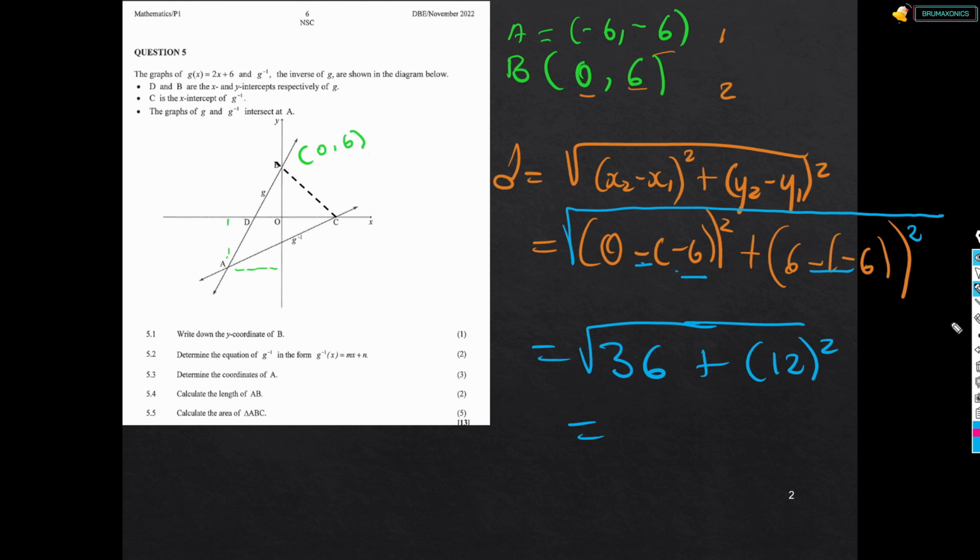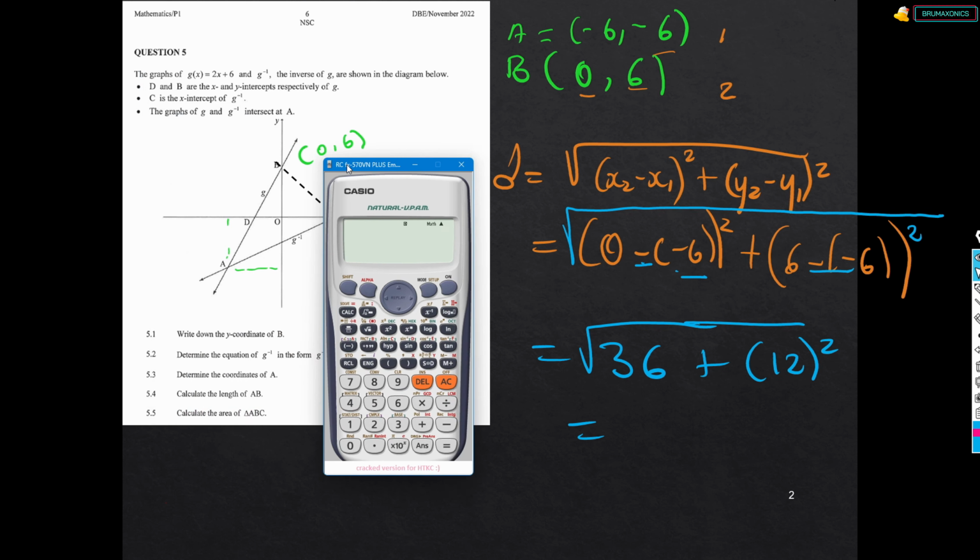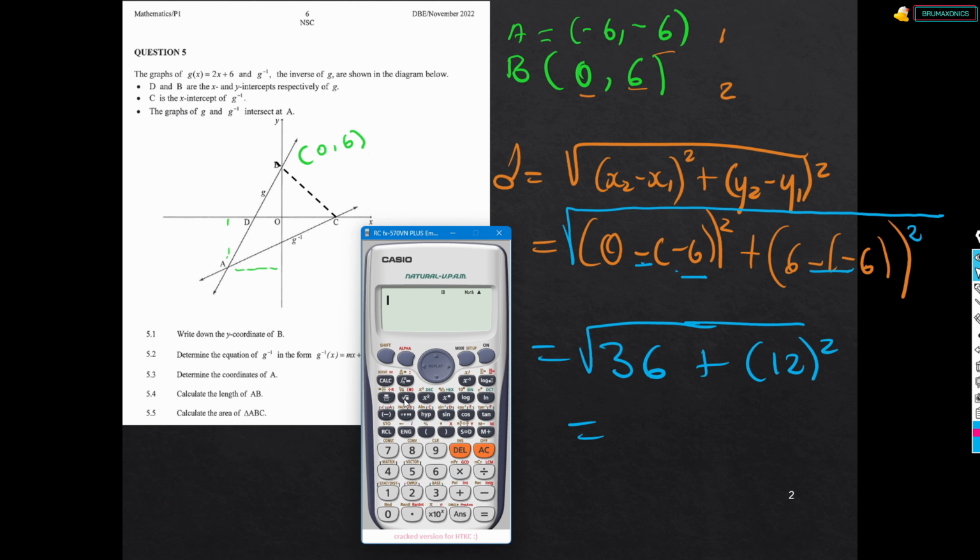Let's check what the calculator will give us: 12 squared plus 36, and this is the answer that we are getting. The answer here will be 6 square root of 5, right?